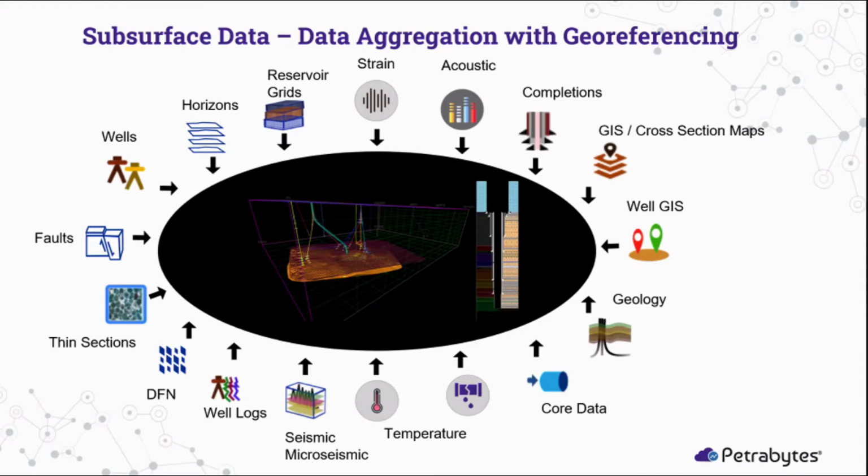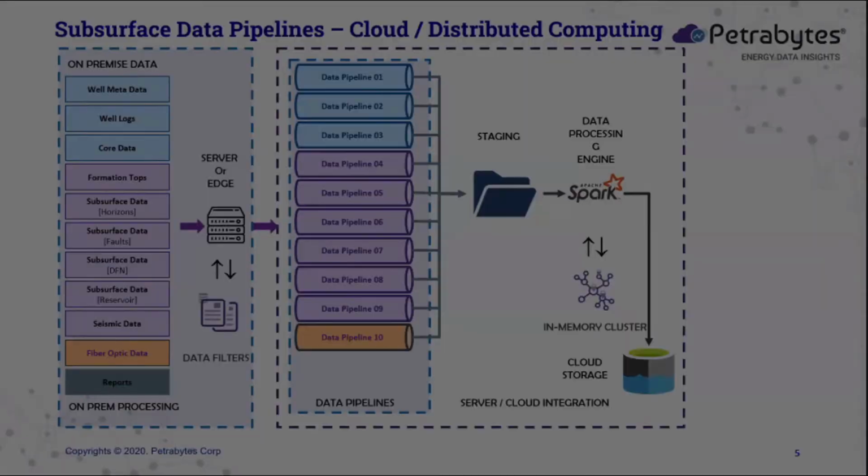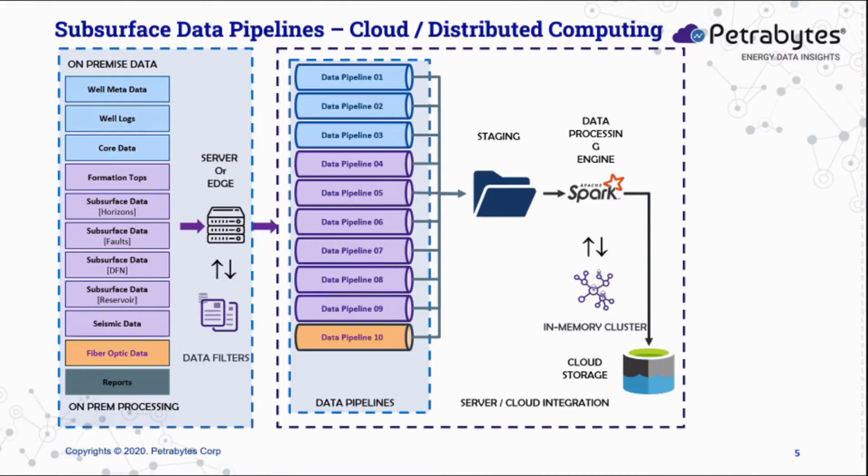So if you look at oil and gas subsurface data, it's basically a lot of variety, a lot of 2D and 3D and also time series data sets. And in order to get a contextual analysis of all of them, you need to have a common georeferencing. With the advent of cloud computing and distributed computing, you can have all these different data sets coming at different frequencies from different sources, with all these different data pipelines.